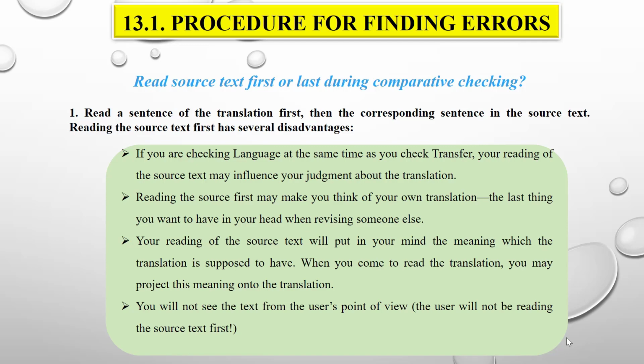If you are tracking language at the same time as transfer, your reading of the source text may influence your judgment about the translation. In particular, you may fail to notice that the translation is unidiomatic or nonsensical as long as it seems to correspond to the just-read source.